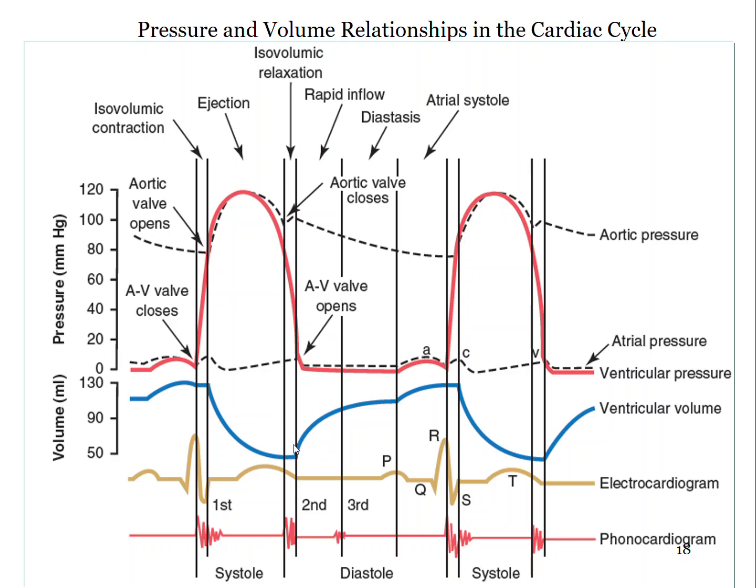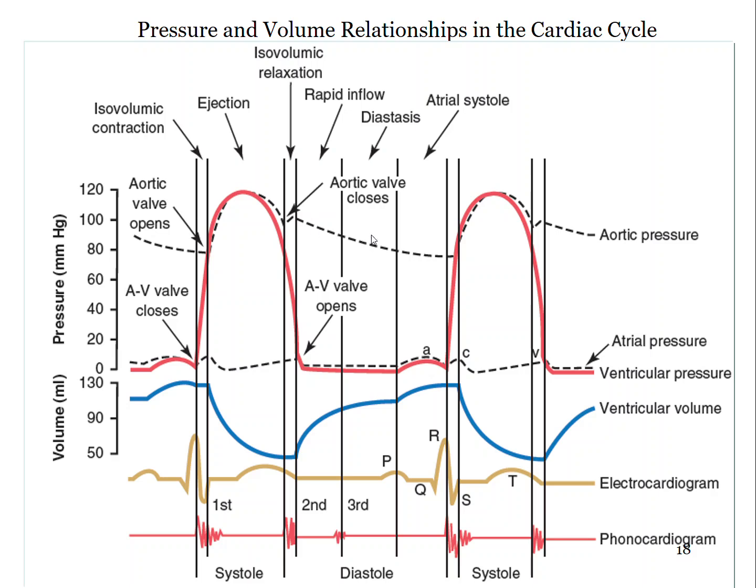Again, during the diastole, we have rapid inflow, diastasis, a little blood inflow into the ventricle, and then atrial contraction. During the systole, first we have isovolumic contraction, no change in volume, then we have rapid ejection, and then slow ejection, then it goes back to the diastole, which is isovolumic relaxation.